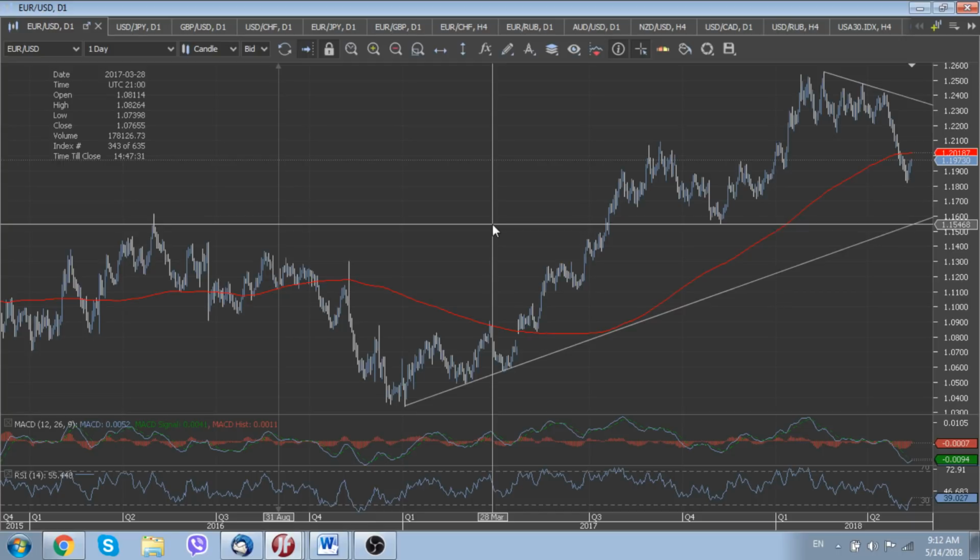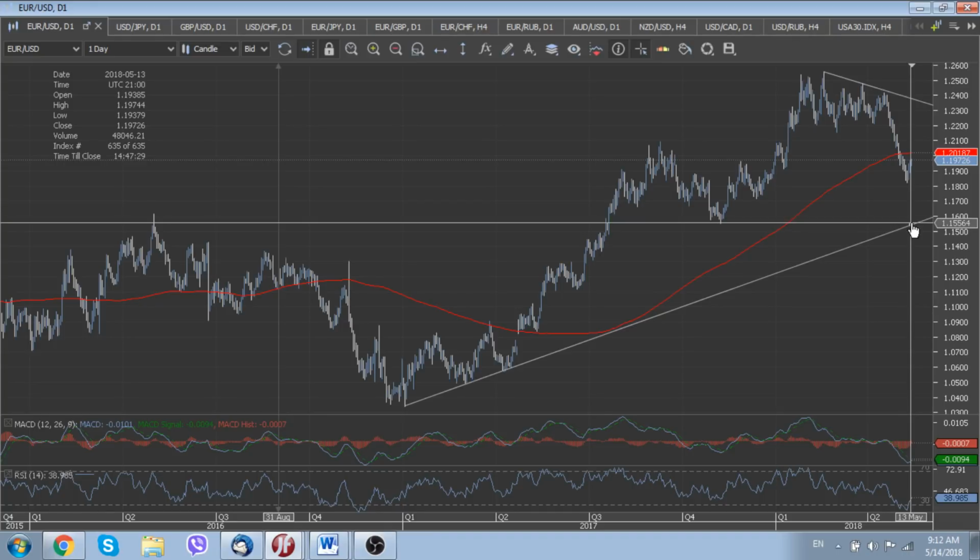We suggest that approaching this barrier, the pair will receive some boost and will meet some stronger buying interest from medium to longer term accounts.